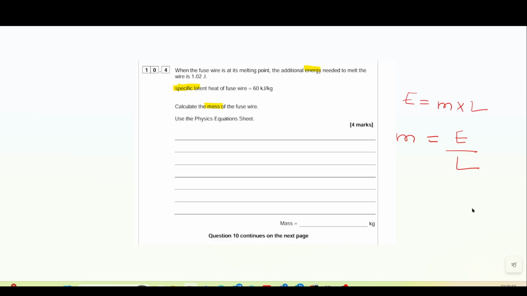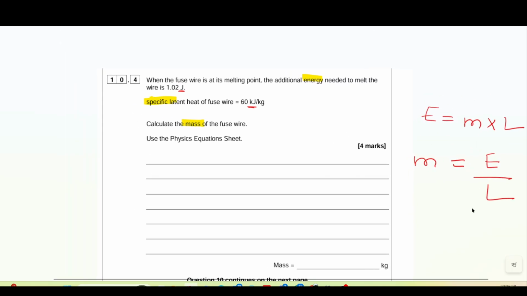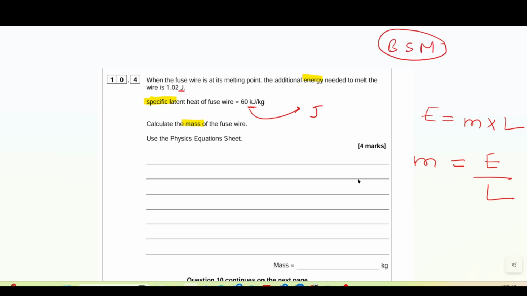Are the units the same? Thermal energy for change of state is 1.02 joules, but the other one is in kilojoules. So let's convert kilojoules into joules. Going from bigger to smaller is always multiplication. Just remember BSM and SBD.